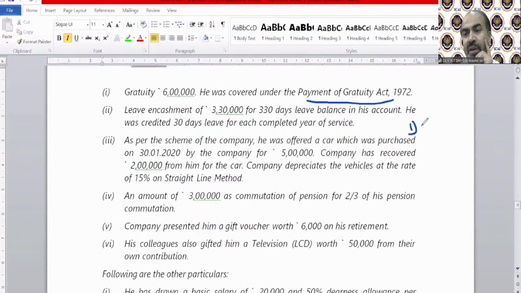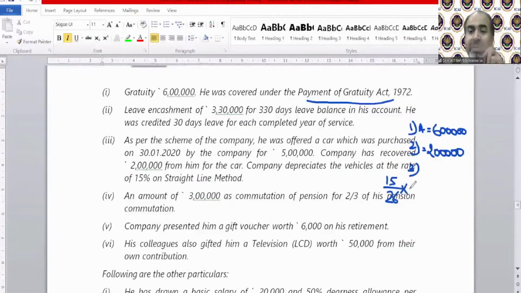B case says amount received, that is 6 lakh rupees. Then the fixed value is 20 lakh rupees. Then the third point is 15/26 into monthly salary. Monthly salary in B case means basic plus all kinds of dearness allowance. So that will be 30,000, whether it's terms or non-terms.